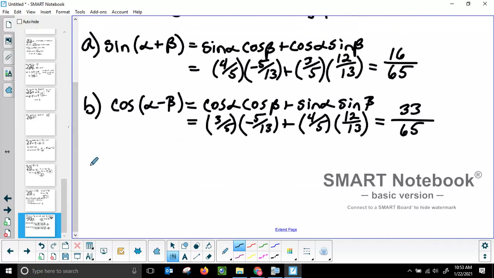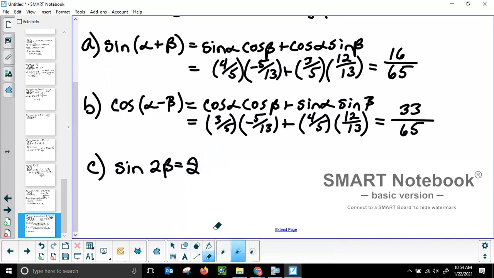And finally, C says, what is the sine of 2 beta? That is our double angle formula, which is also on our formula sheet. Sine of 2u is simply 2 sine beta cosine beta.